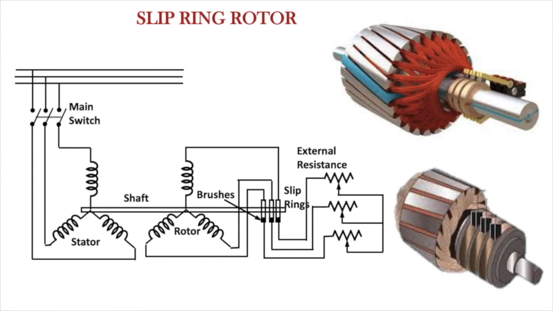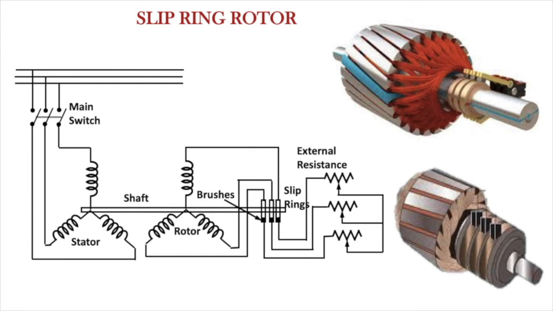The slip ring rotor schematic diagram is seen on the left side of the screen. We have the stator, rotor, and the brushes, slip ring and brush arrangement, and externally the resistances are connected, star connected, which helps in having a high starting torque from the motor.